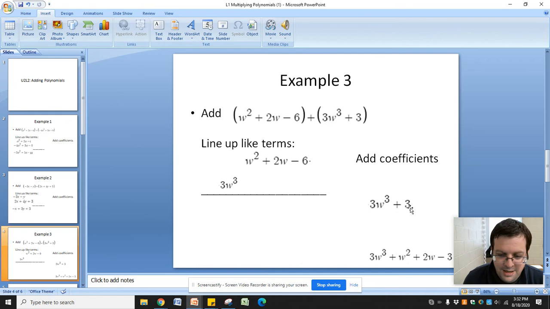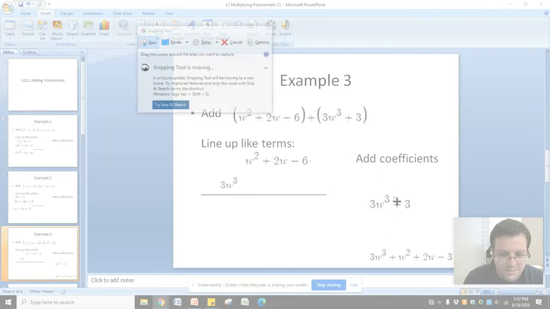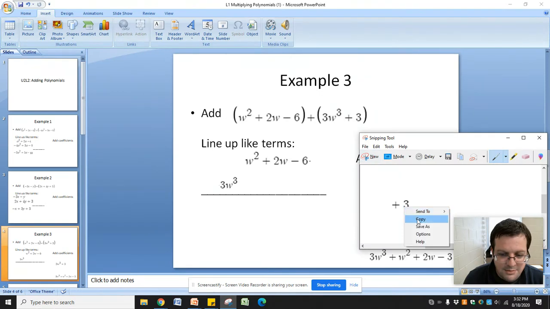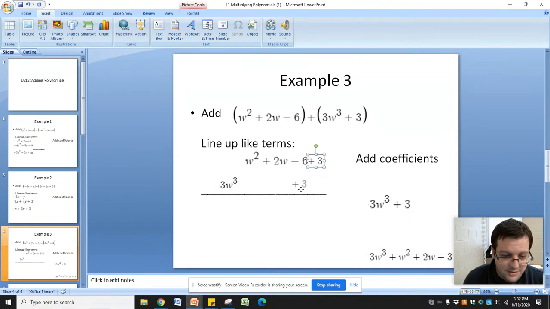But the only thing else that we have is this plus 3. So I'm going to go ahead and add in the plus 3 as well. But again, we're going to have that sort of large spacing, just like that. So you notice again this big blank space. It's because there's no like terms in between the w cubed and the plus 3 that we would want to combine with the w squared or the 2w.